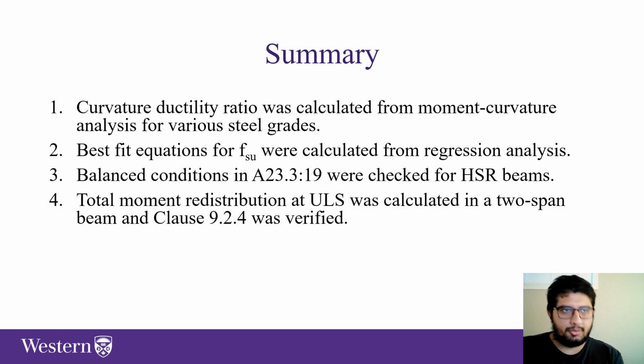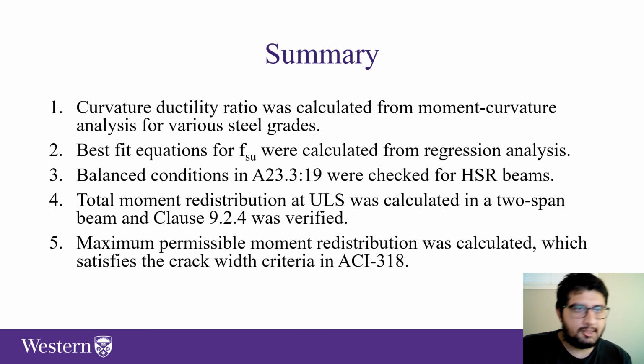In chapter 3, we looked at the total moment redistribution at ultimate limit states in two span beams, and clause 9.2.4 was verified. And the maximum permissible moment redistribution was also calculated, which basically satisfied the serviceability limit state crack width criteria in ACI 318.